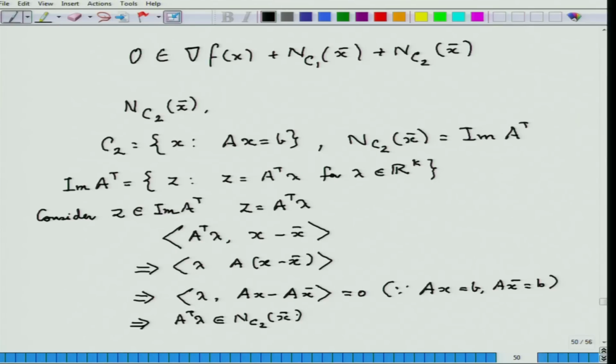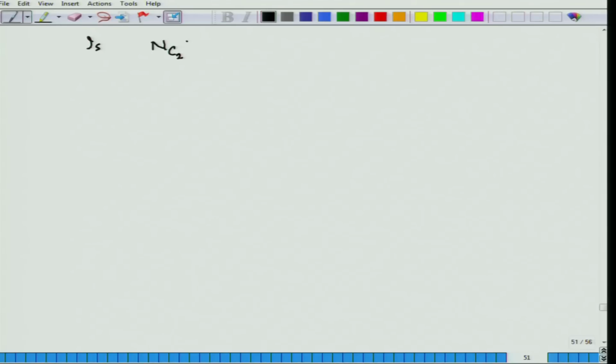So, now I have to look for the reverse one. My next question is, is the normal cone to C2 at x bar a subset of the image of A transpose? Let us try out. Suppose I am having this problem, how will I try out this problem? That is the question. The way to try out this problem is as follows.